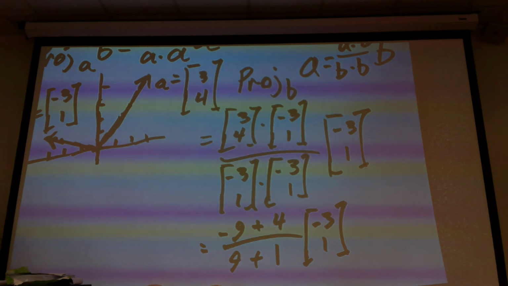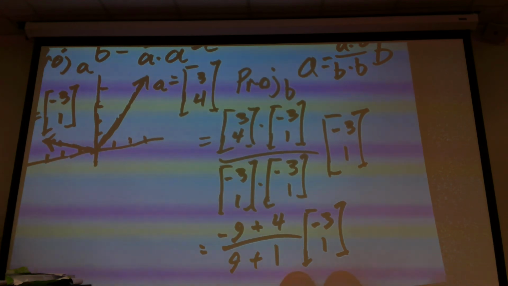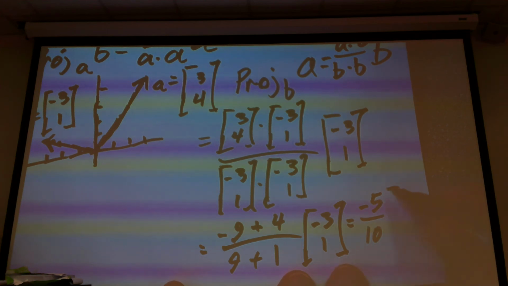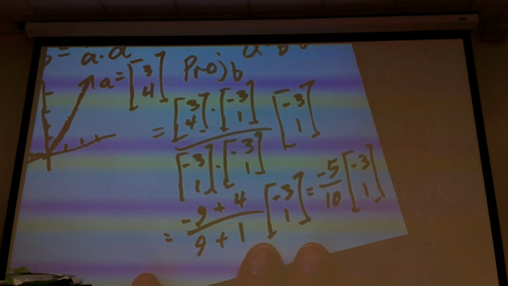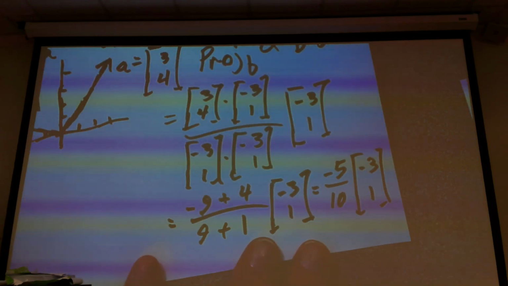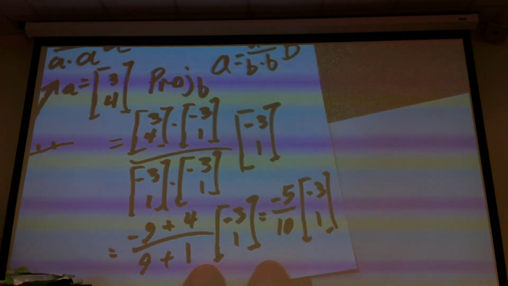Okay? So that would equal, all right, negative 9 plus 4 is negative 5. That would be 10. And that would be negative 3 and 1. I'm kind of running out of room right here, so we'll just continue it onto this page.